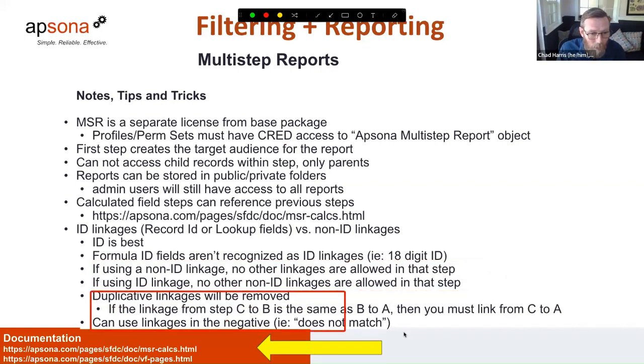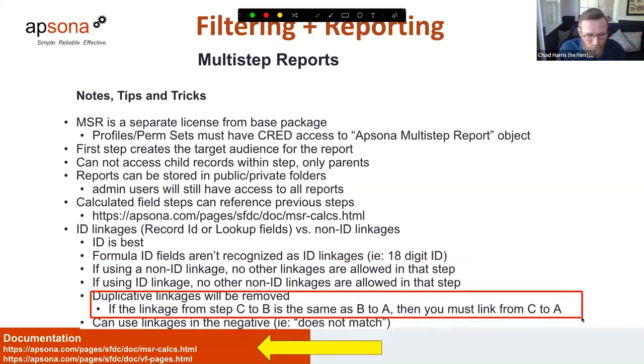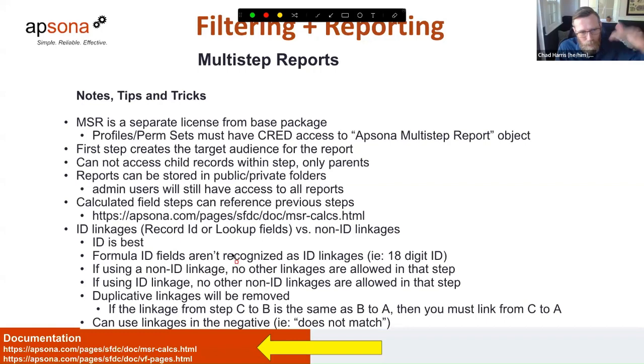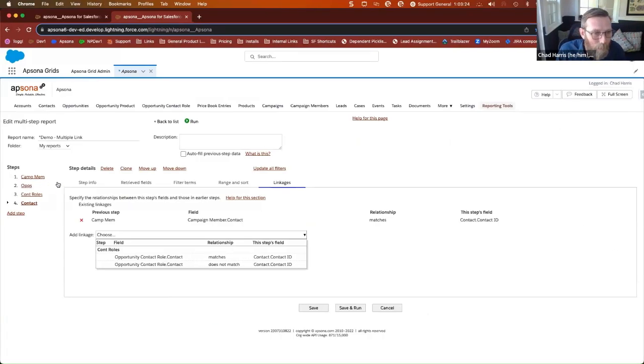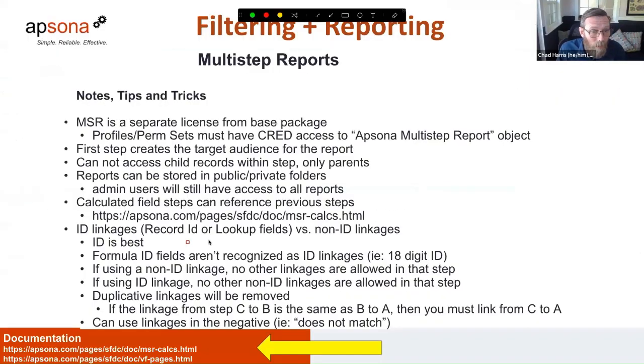One other important thing that's hard to see sometimes is when you are linking like 3 chains up. I didn't prep a good example for this, but let's say we have an account step and we see the account ID on the first step.